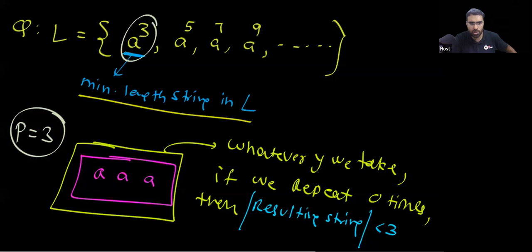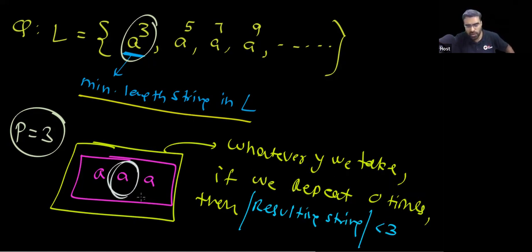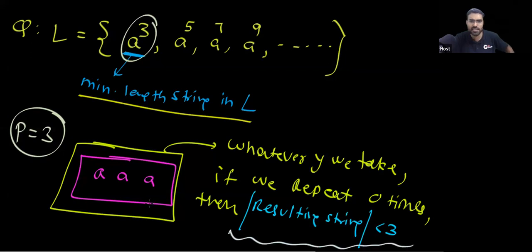For example, if I take this y and repeat 0 times, the resulting string length will be 2. If I take this y and repeat 0 times, it will be 1. If I take this y and repeat 0 times, it will be 0. So can you notice, the resulting string length will be less than 3, whatever y I take. Yes or no?